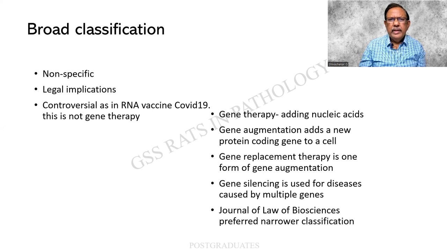Or somebody else, as in the movie Indian, tries at creating a disaster itself. So it is controversial, just as in the case of RNA vaccine. Though this is not a gene therapy, it also came into controversy initially.